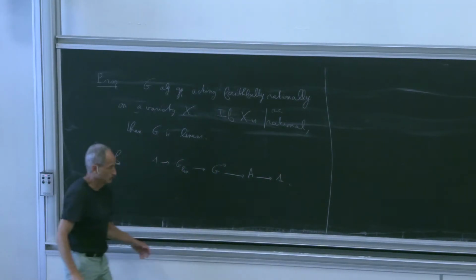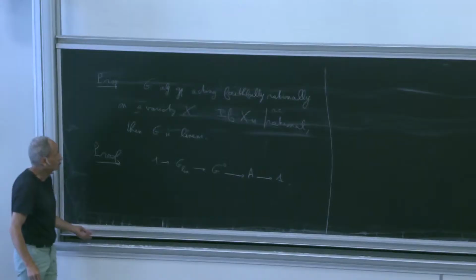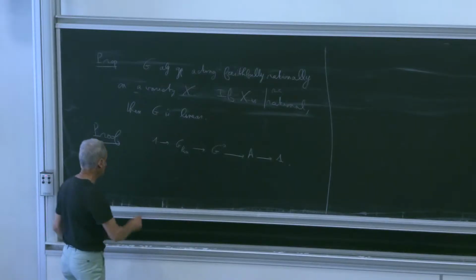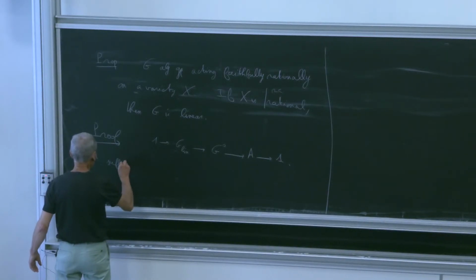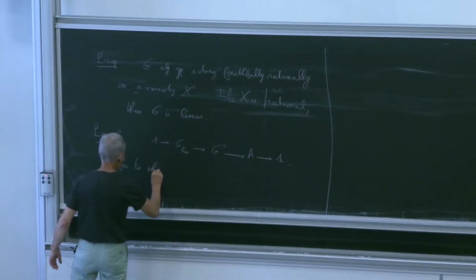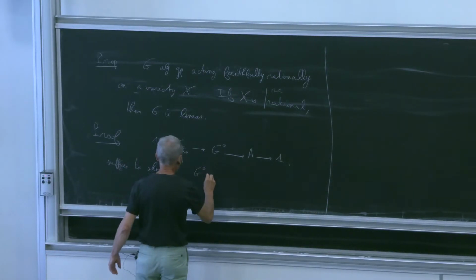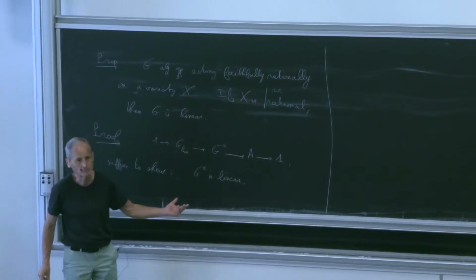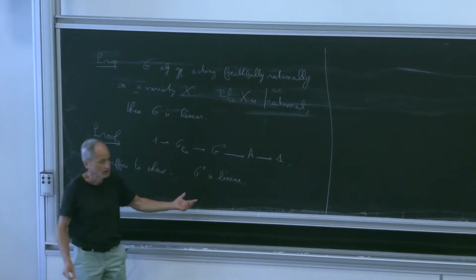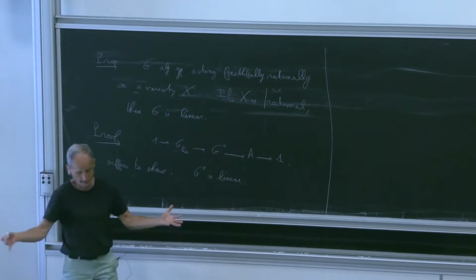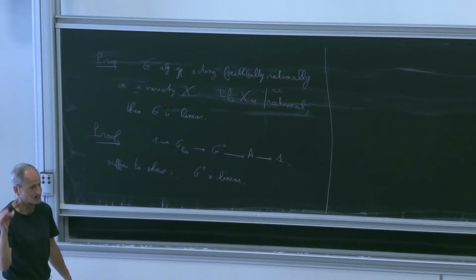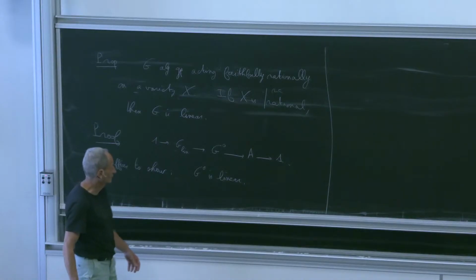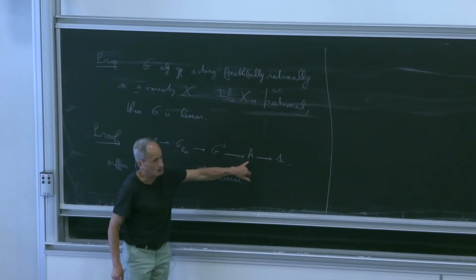This is the connected component of G. It's enough to show that G0 is linear, because linear is the same as affine, and affine is the same for G and G0, because G is just a union of finitely many copies of G0. So we will try to show that this abelian part is trivial.